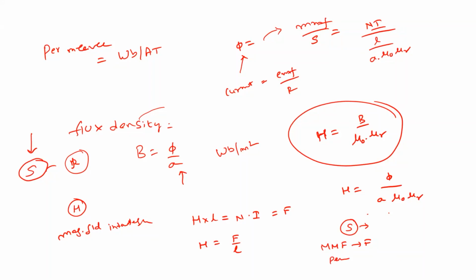After that, we studied mu naught, the permeability of free space, mu r, the relative permeability, and mu, the absolute permeability. And after that, we studied the flux density B, and magnetic field strength H.